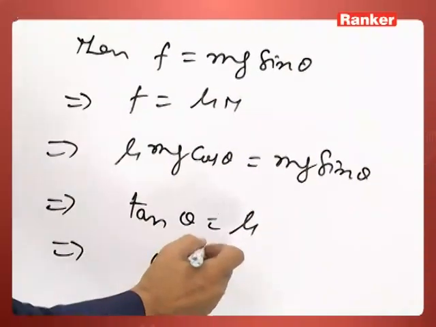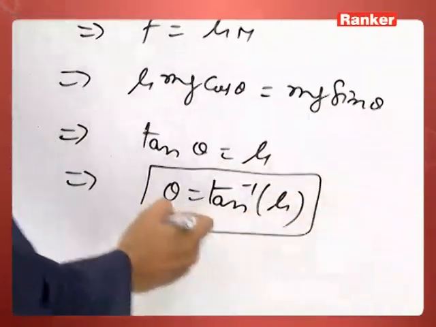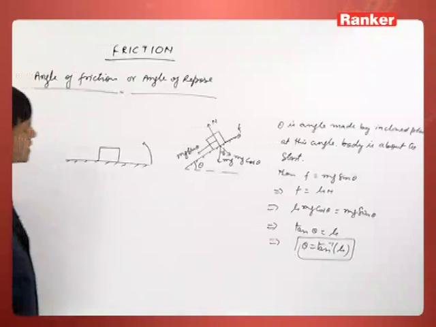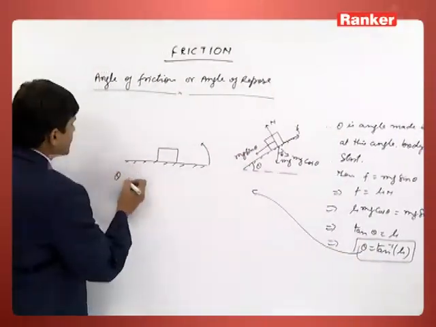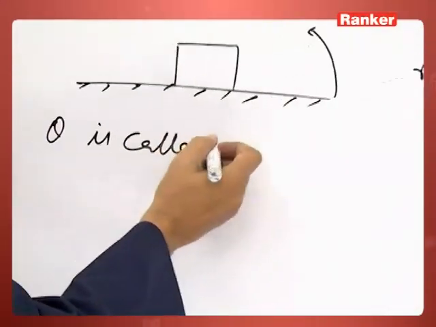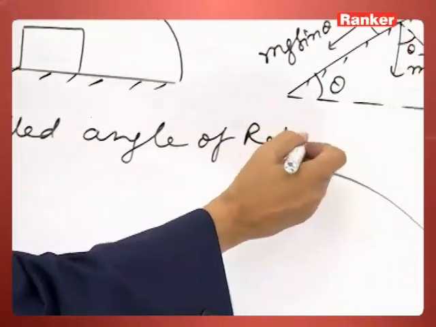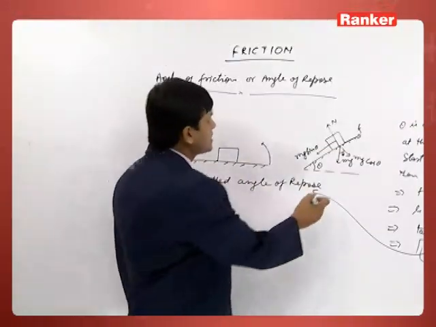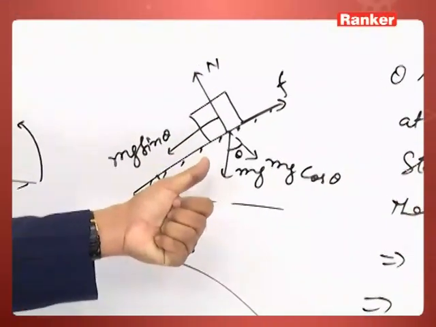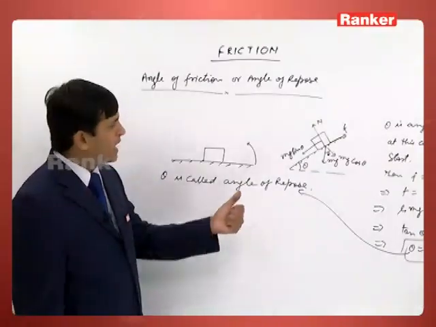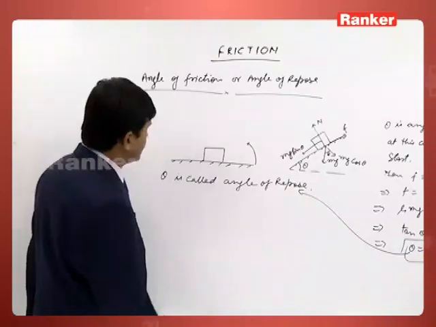So theta is tan inverse mu. This theta is also called the angle of repose. So angle of repose means the angle made by the plane with the horizontal at which a body is about to slip or about to start its motion.